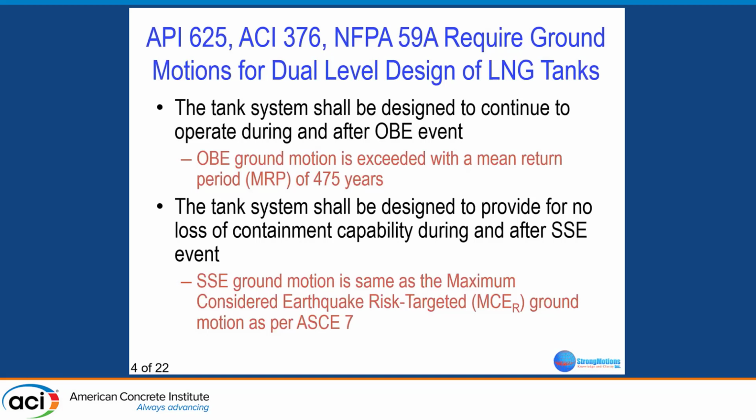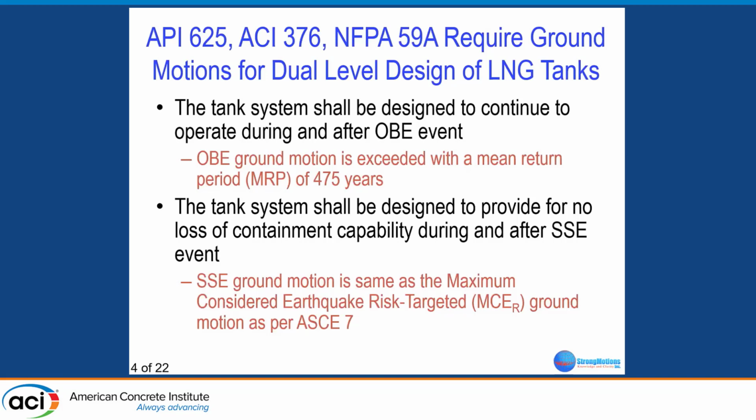The objective is that during and after an OBE event, the tank should remain operational. And then during and after the SSE event, the tank should not leak. It should hold its contents.